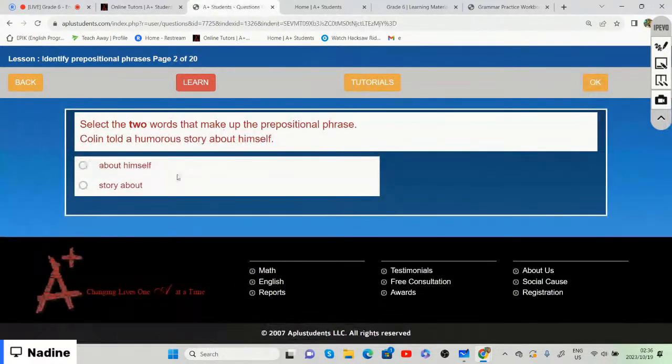Now we're going to select the two words that make up the prepositional phrase. Only two. Thomas told a humorous story about himself.